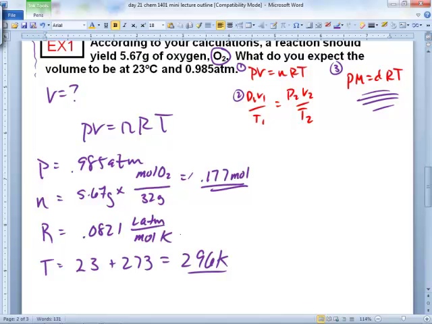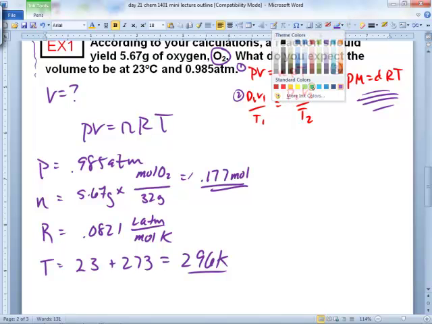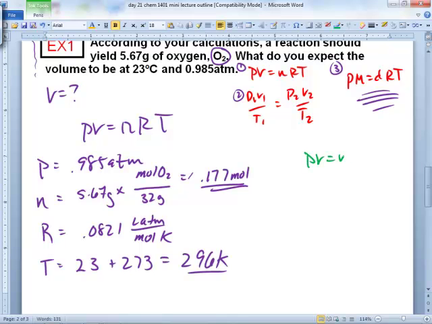Substitute everything in. We'll have the 0.985, our V, our 0.177, our 0.0821, and our 296. I kind of left out all the units because we already straightened that all out. Our units, they all look good.